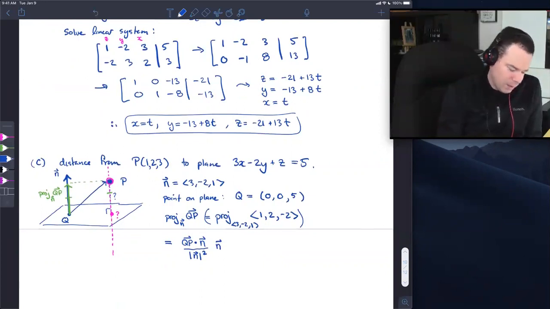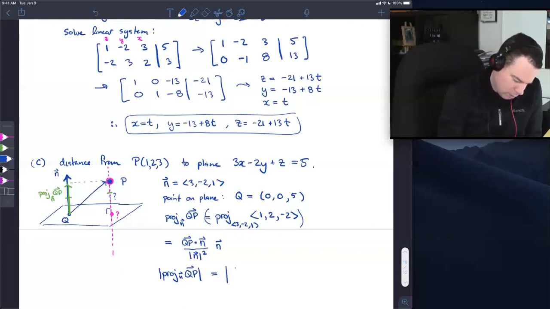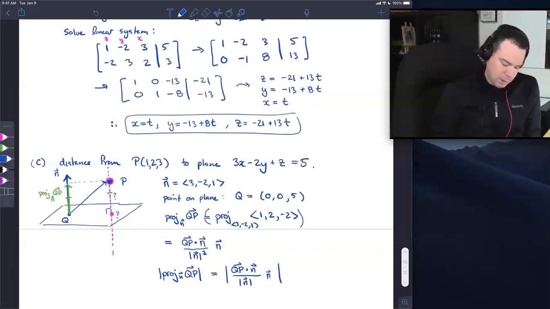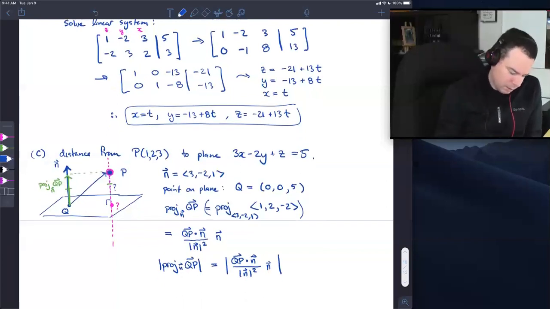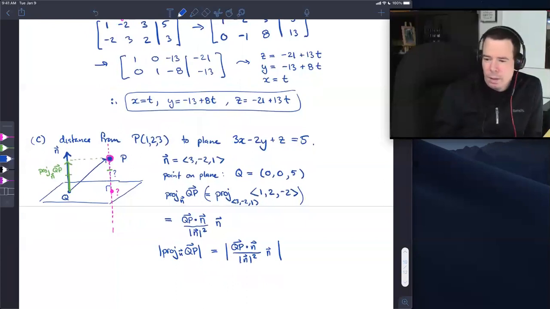But I'm not actually interested in the projection vector itself. I'm interested in the length of the projection vector, because that's the distance. So I'm really interested in QP dot n over the length of n squared, times n, and the magnitude of that thing.